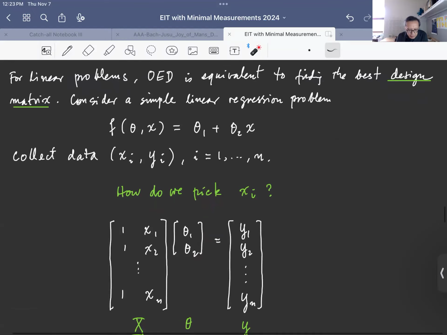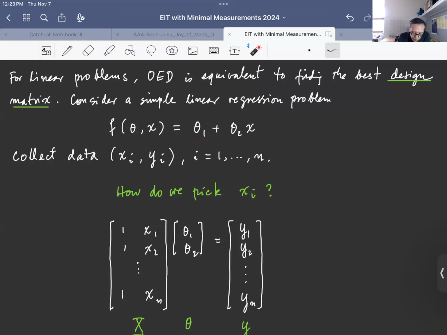For linear problems, optimal experiment design is equivalent to finding the best design matrix when you're doing a regression task. So consider a simple linear regression where you have only two unknowns, theta 1 and theta 2.